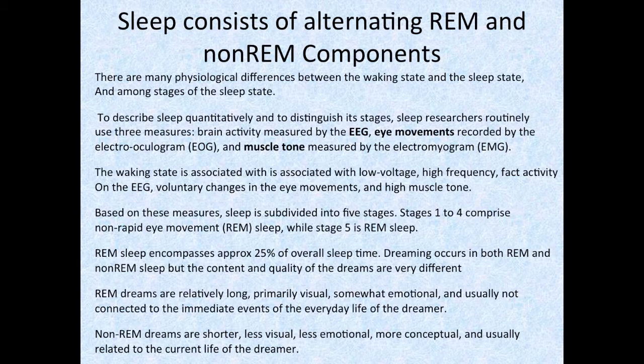We also see voluntary movements, eye movements, and high muscle tone. So based on these measures, sleep is subdivided into 5 stages. Stages 1 through 4 comprise our non-REM sleep, and stage 5 is our REM sleep.